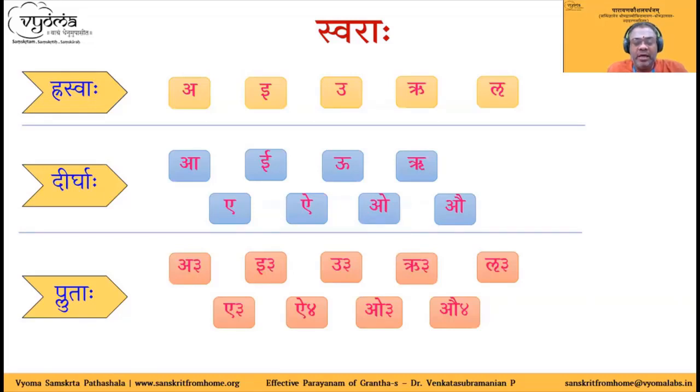You have e and o at 4 matras also. In some Vedic texts we find 4 matras of e and o, only for these two letters. They are also called Pluta only. As per Shiksha Shastra, anything greater than 3 is Pluta only.